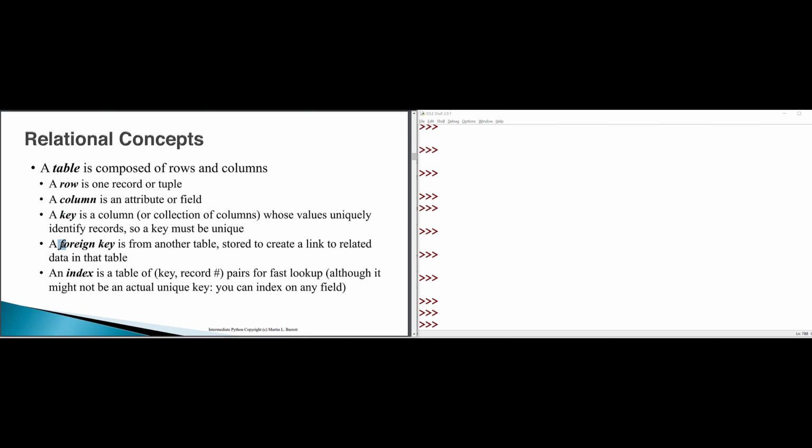It's also possible to have what's called a foreign key, which is a key found in some other table that enables you to link together or join together the information contained within the current table and that other table that has this foreign key. An index is simply a mapping from a key to a particular record number, and indexes can be created to provide more efficient access to information that you use frequently.